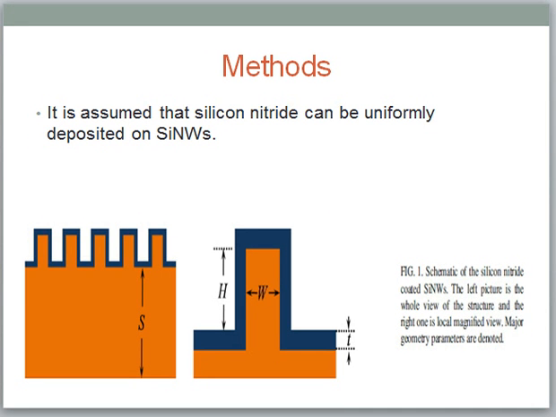Now go over the method. First, in the paper, it is assumed that silicon nitride can be uniformly deposited onto silicon nanowire array, and the geometric factors are given below, such as S for the thickness of substrate, the height, the width, and the thickness.